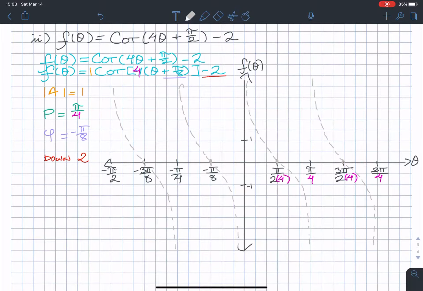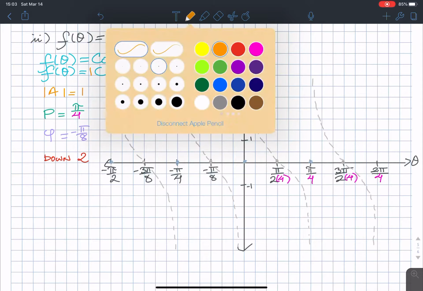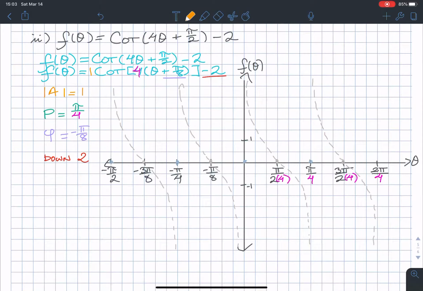Okay, so shifting horizontally, left 1 quadrant. So everything gets shifted left 1 quadrant. So all my zeros and my asymptotes. So the asymptotes that were on the y-axis are now shifted to the left 1 quadrant. So everything's shifted to the left 1 quadrant.